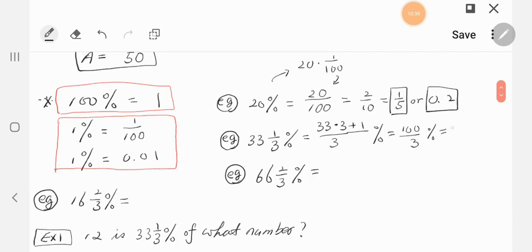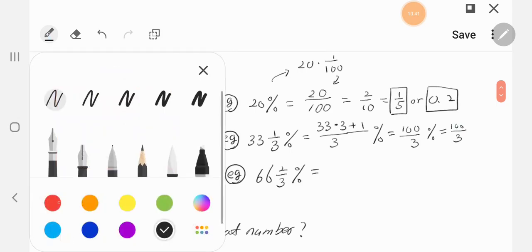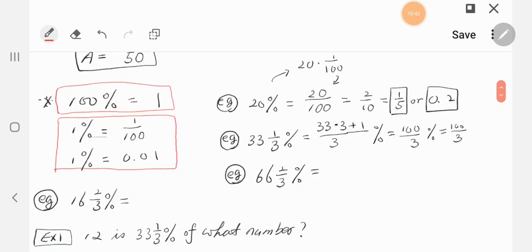Then get rid of the percent: replace 1% with 1 over 100. And then reduce it. It becomes 1/3. So this percent is replaced by 1 over 100, and then we simplify the fraction, so we get 1/3.